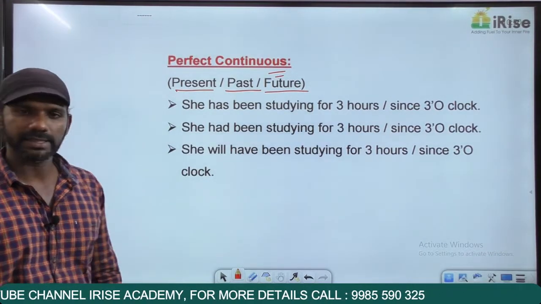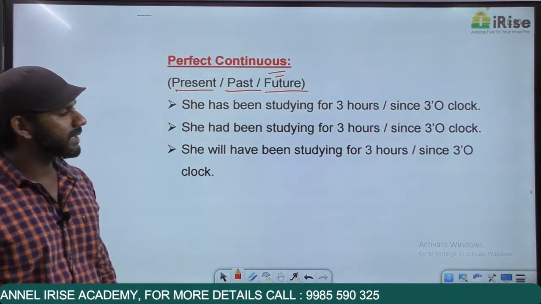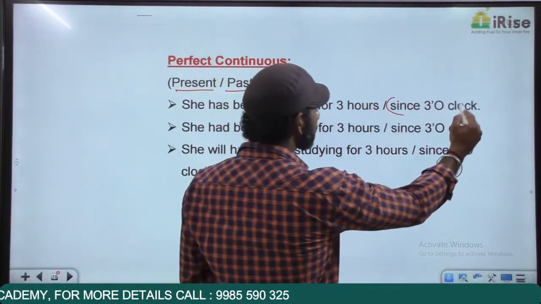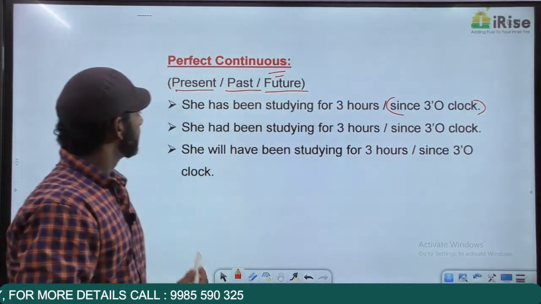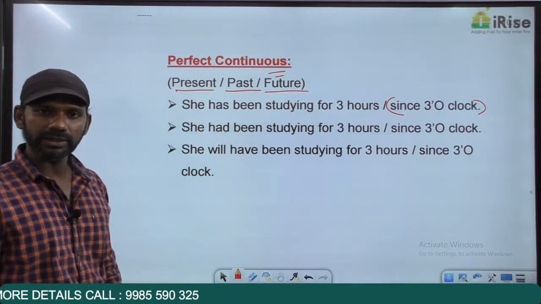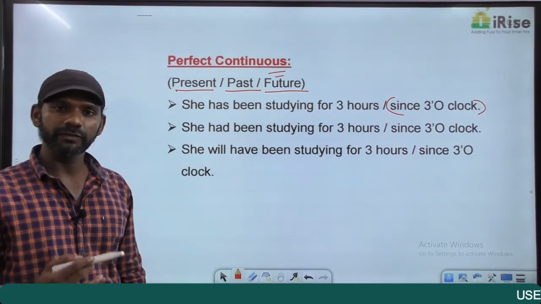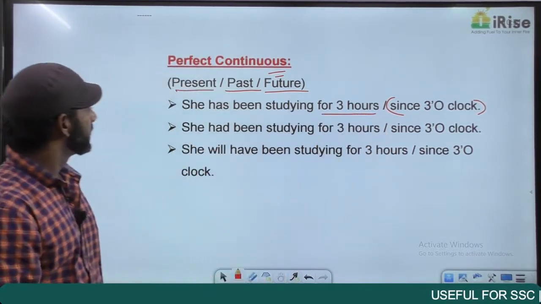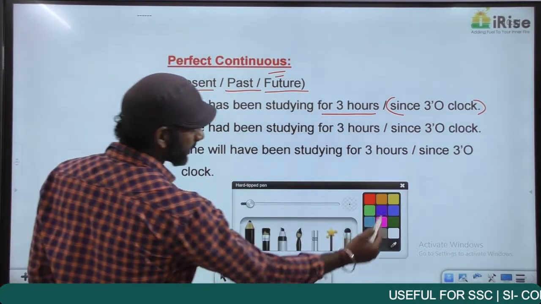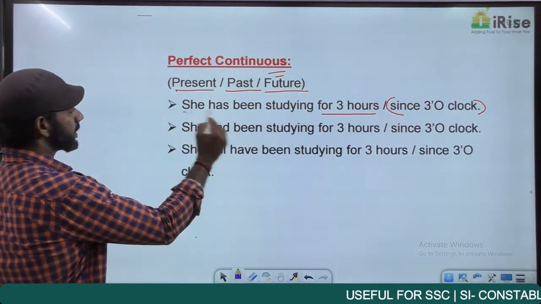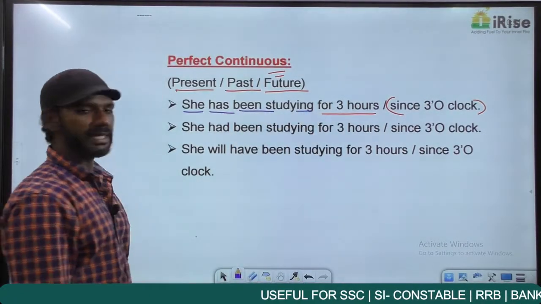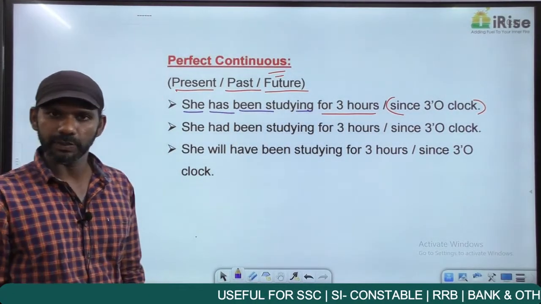Come to these sentences. She has been studying for 3 years. You leave since 3 o'clock. I'll explain it. She has been studying for 3 years. 3 hours is period of time, duration. So for 3 hours is a correct usage. She has been studying is subject plus has plus been plus V1 plus ing, present perfect continuous.